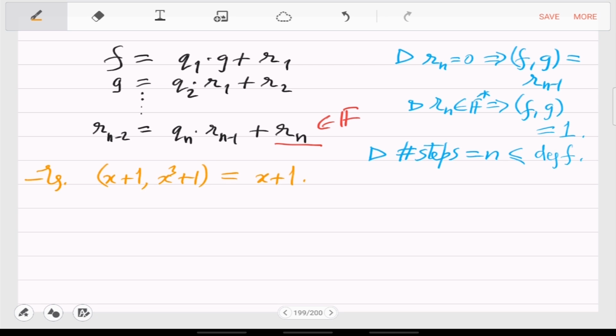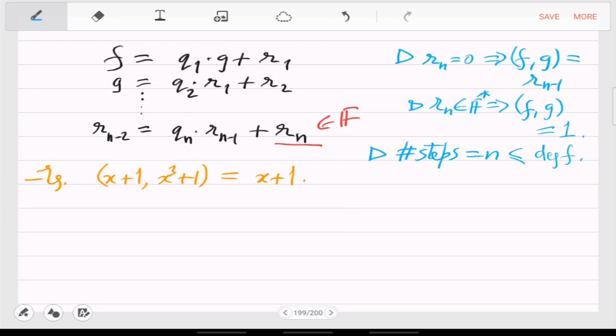Right. So the point of writing these equations down was that now you can do what you did with numbers. You can substitute the second equation in the first equation, followed by the third equation in the previous equation, and so on.